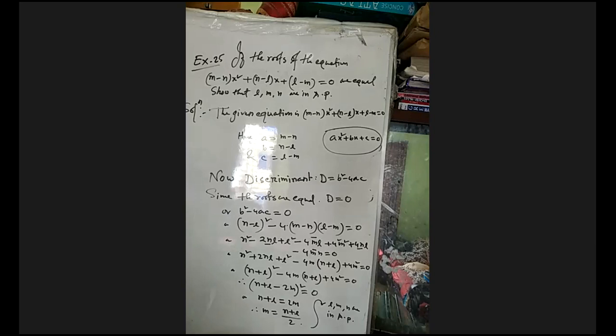Now just simplifying, we got (n plus l) divided by 2 equals the middle term. That means l, m, n are in AP, arithmetic progression. So we have shown that they are in AP.